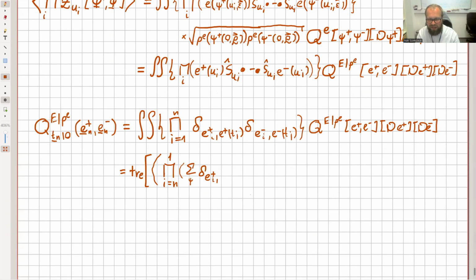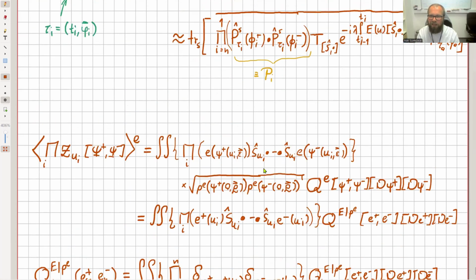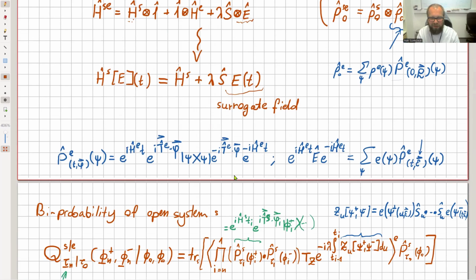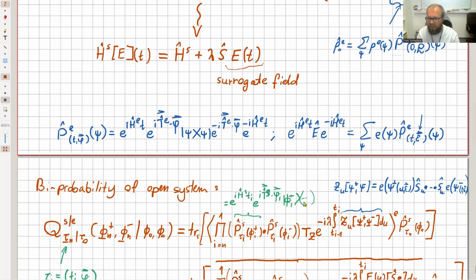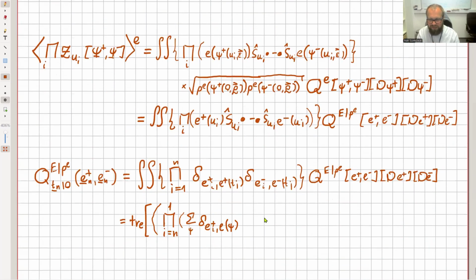This restriction, and here the eigenvalue of operator E. So this eigenvalue, P E, T I epsilon, psi.